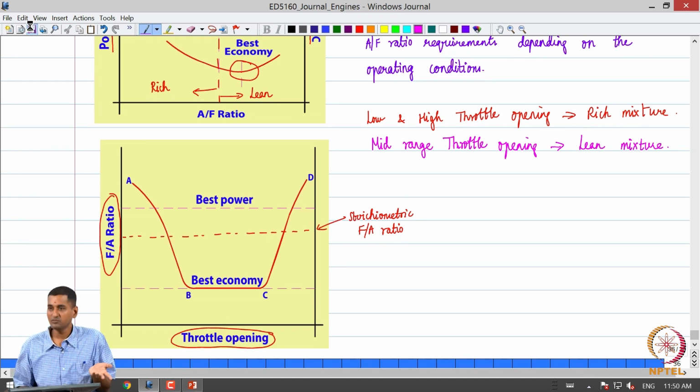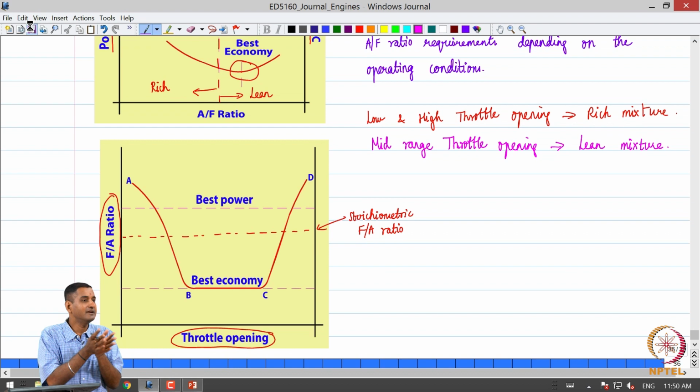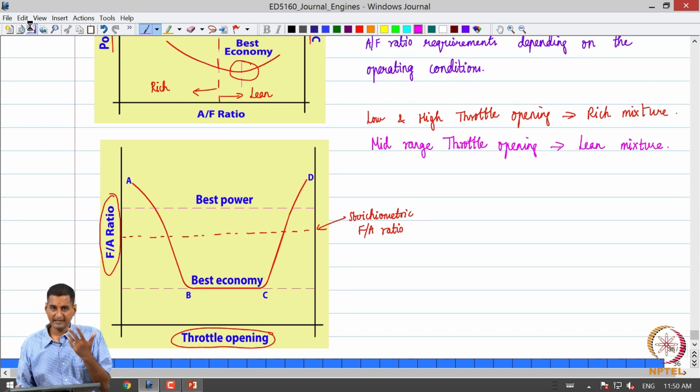Why would one want a rich mixture at low and high throttle openings, and typically a lean mixture in the mid range throttle opening? We will discuss this in the next class, along with what we expect from the vehicle when we press the throttle, where we control the opening of this throttle valve. So, let us continue the discussion in the next class.